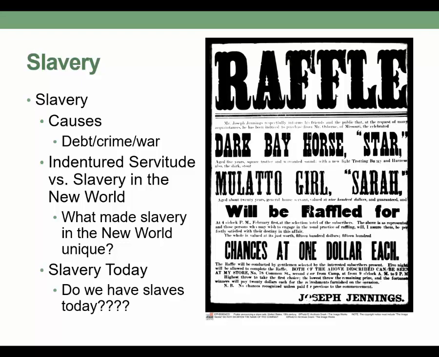Slavery in the New World, and none of this was necessarily racialized. Your book makes the point that there were other ways in which this old slavery was unique, that possibly it wouldn't necessarily last your lifetime. That slave status definitely, in the case of debt and crime, did not pass on to innocents such as your children.